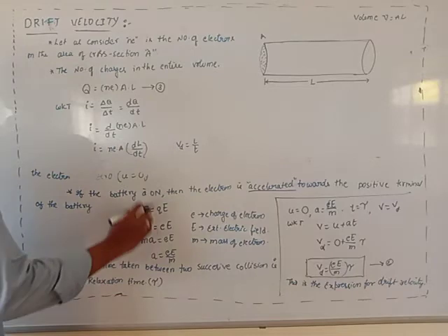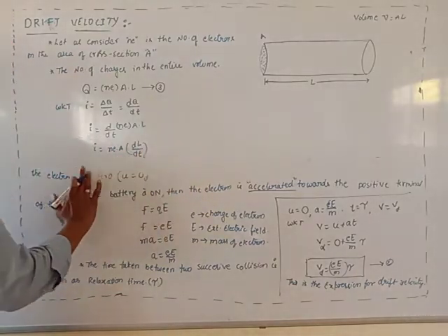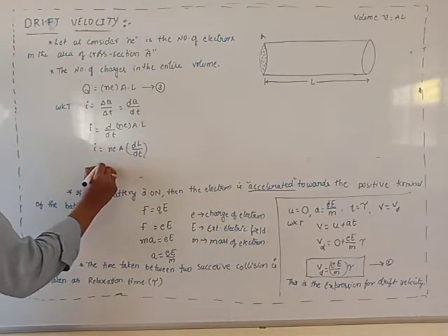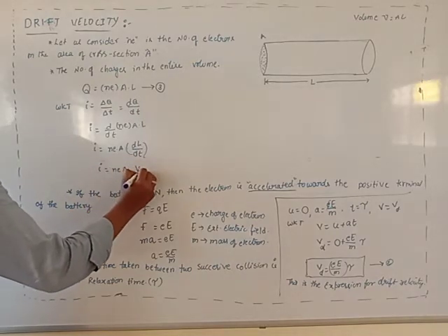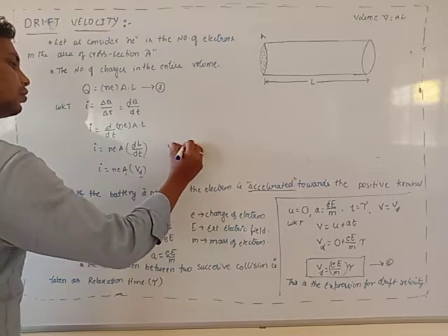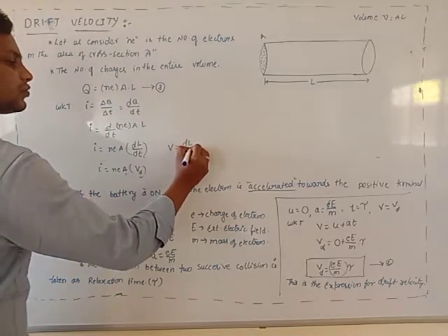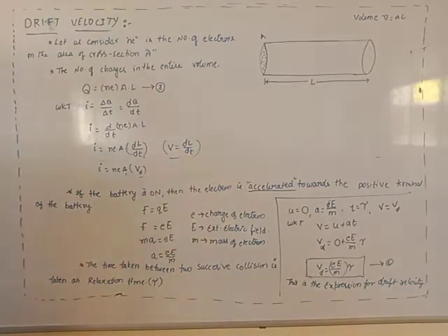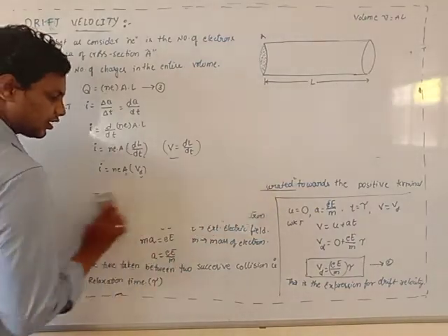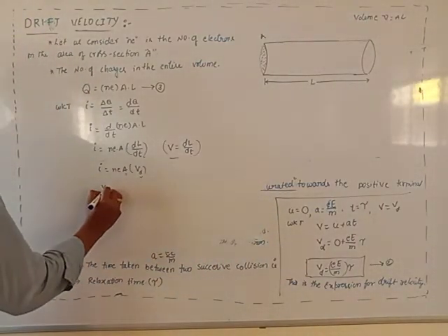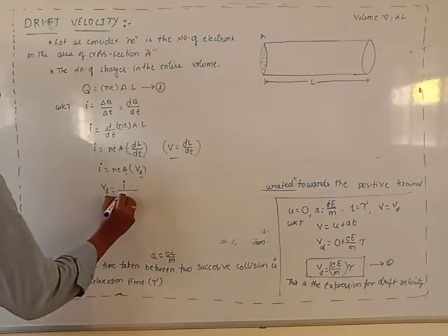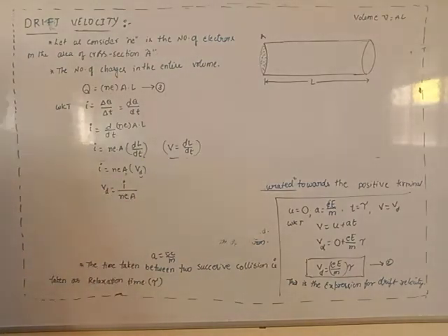If I take L by t as dl by dt, I will consider that as drift velocity v, where velocity v is equal to dx by dt, the rate of change of displacement. Now from this you can write drift velocity Vd is equal to I by NeA.